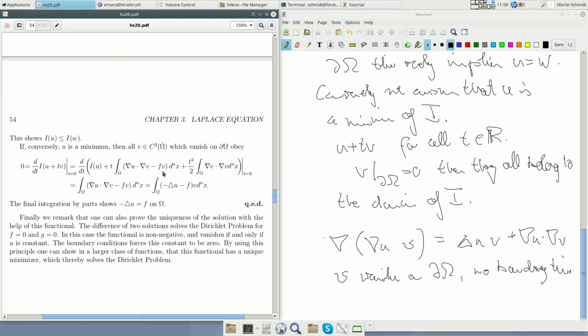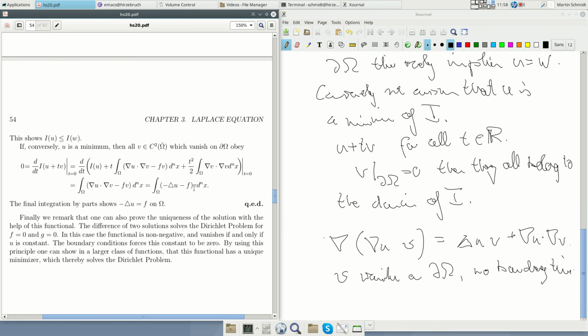So we obtain this. Now we can factor out v. We see this vanishes, and this is true for all functions with this property. But then we can again apply the argument which we had before.